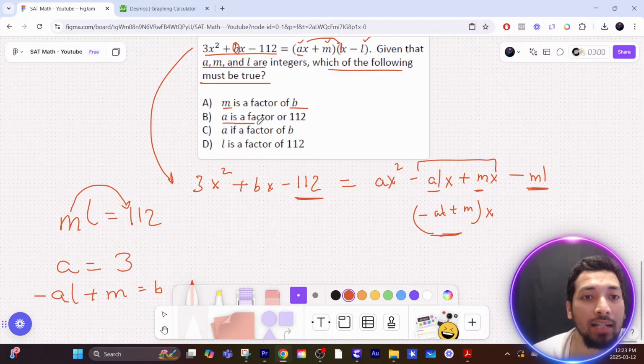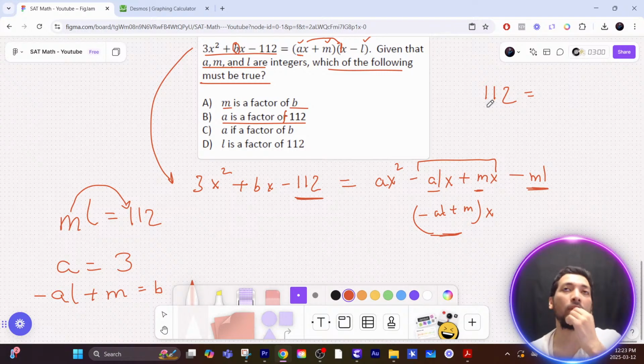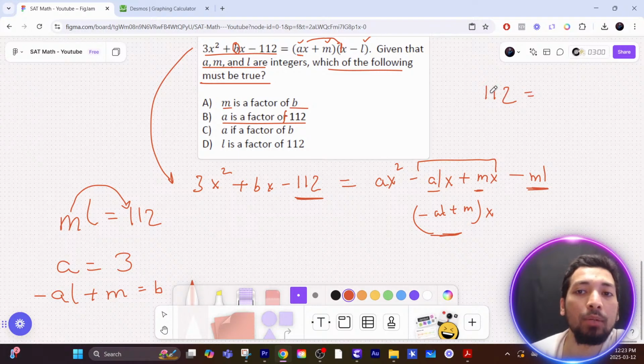Is a a factor of 112? We don't know that. For 3 to be a factor of any number, the digits of that number must add up to a number divisible by 3. If I add 1, 1, 2, that's 4. 4 is not divisible by 3, so 3 is not a factor of 112.